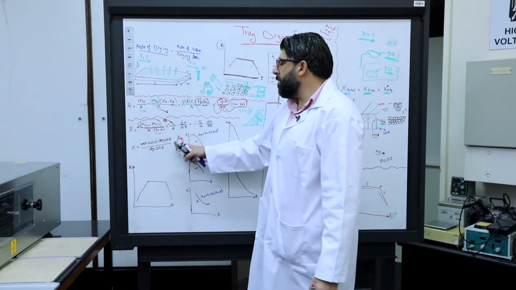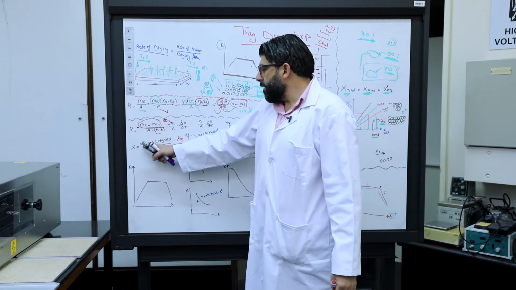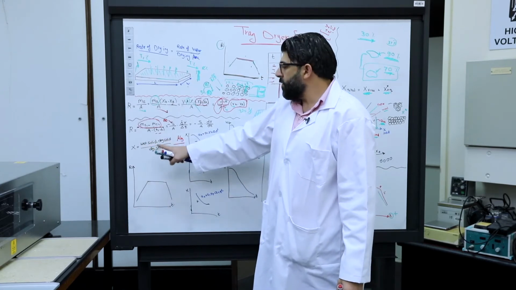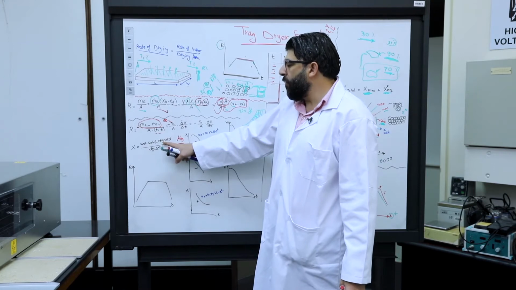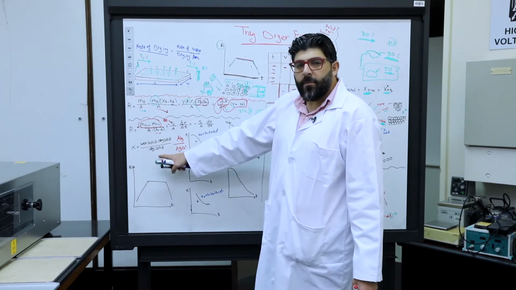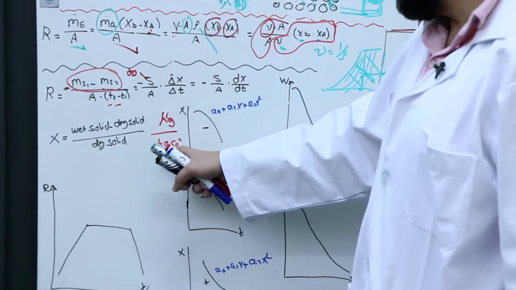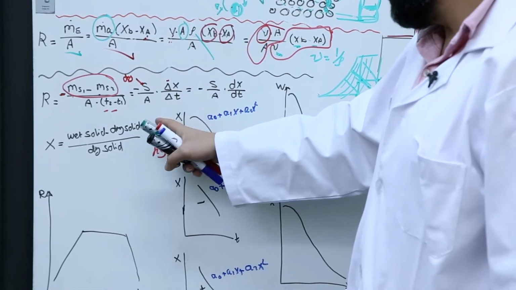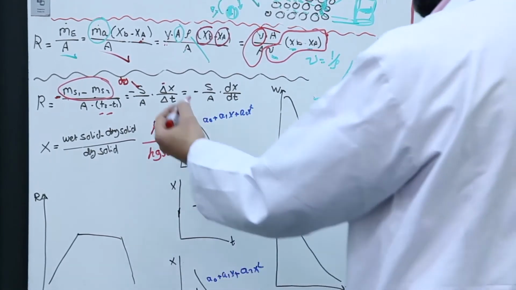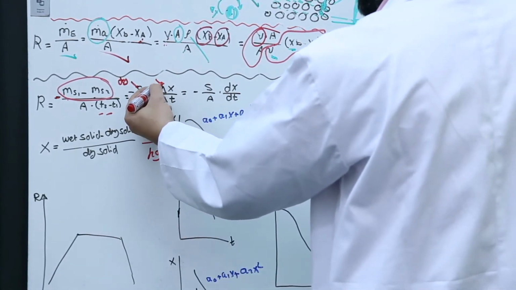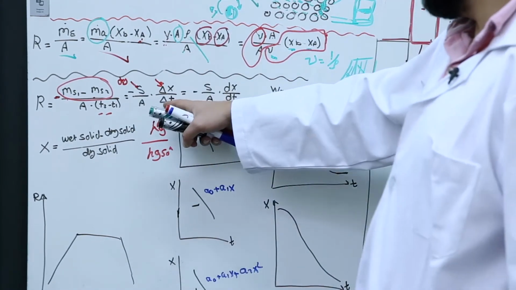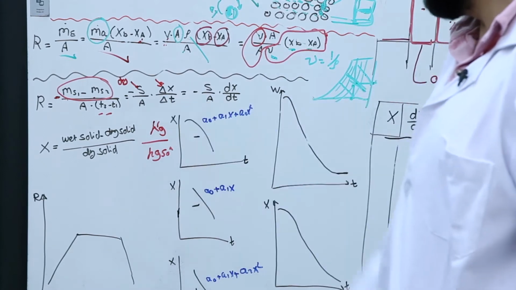It can be determined by wet solid minus dry solid, so it's kilogram of water per kilogram of dry solid. So here X is for solid, not for air, per delta T, or the time.